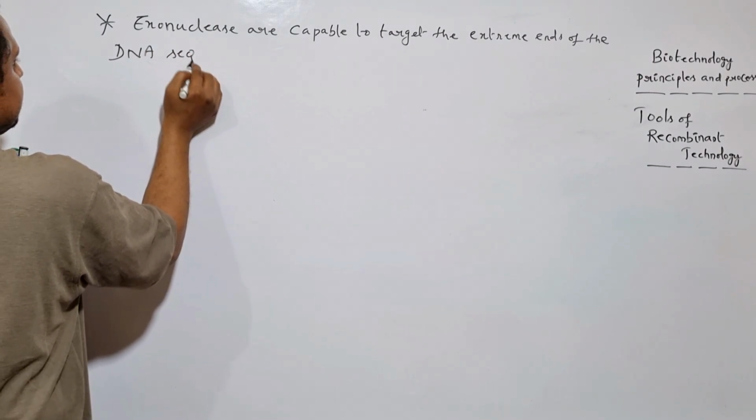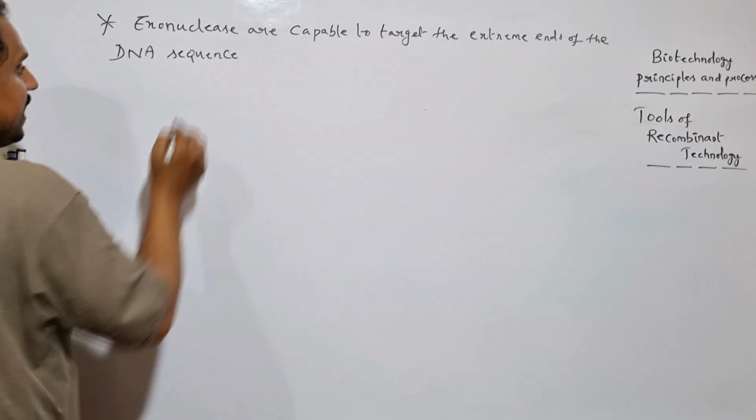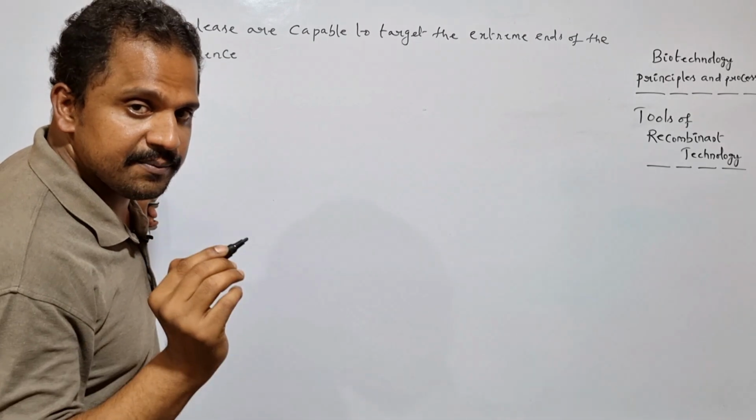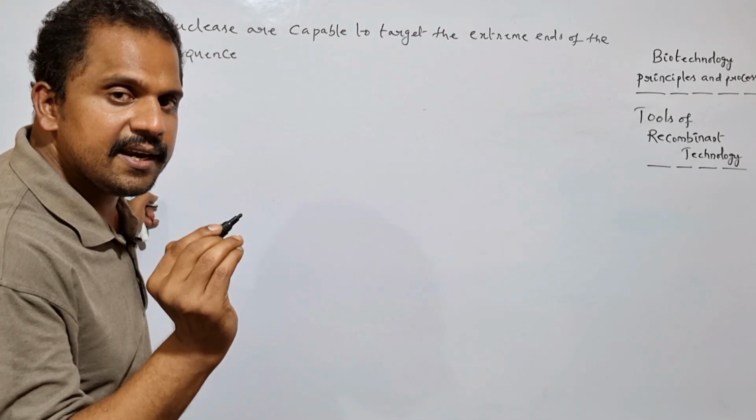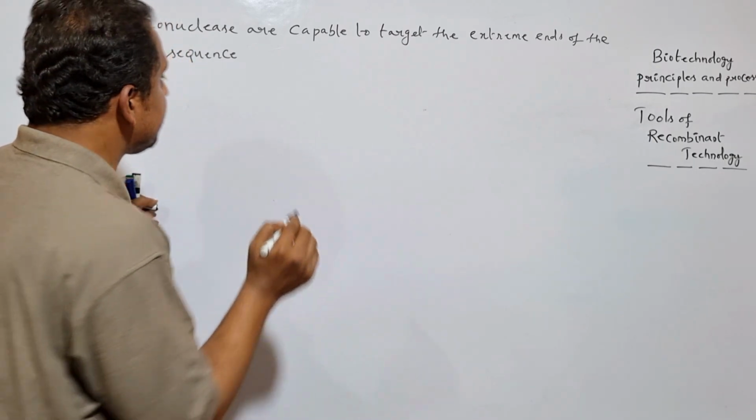Extreme ends of the DNA sequence. Either it may be the extreme 5' end and even the extreme 3' end. But whereas endonucleases, they are capable to target the internal portions of the DNA sequence.